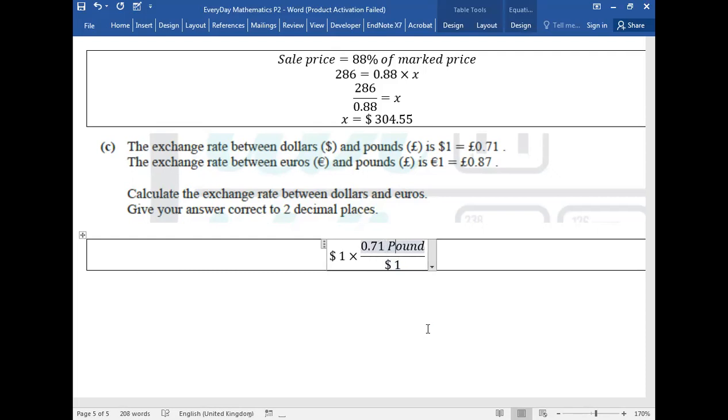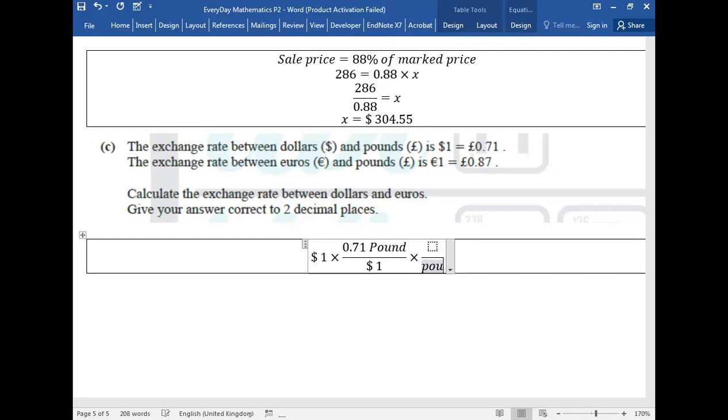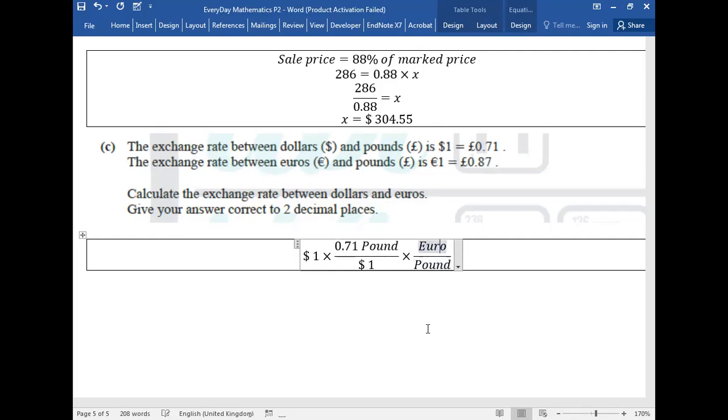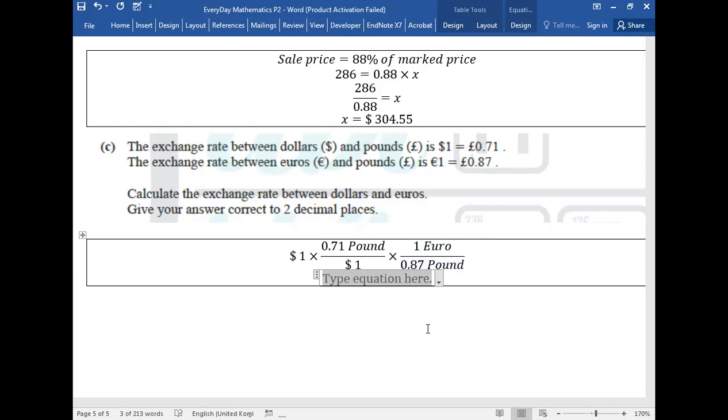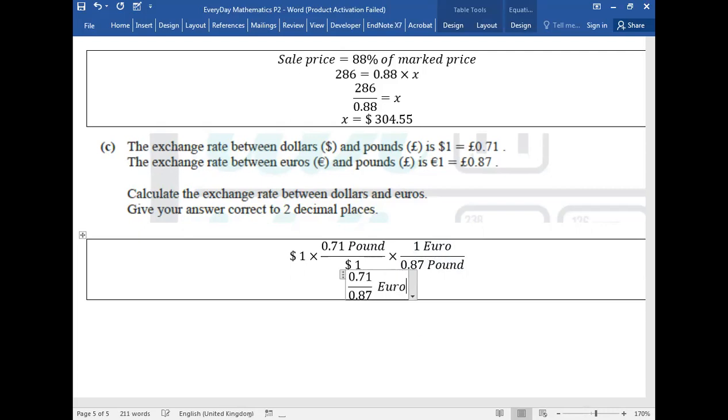Right now I'll get my answer in pounds. I'll repeat the step. Pounds नीचे and euro. And what is the basic conversion? 1 euro is 0.87 pounds. So what is the answer that I get? 0.71 upon 0.87 में आ गया. And this is euro.